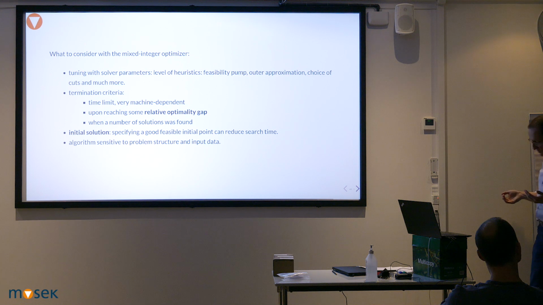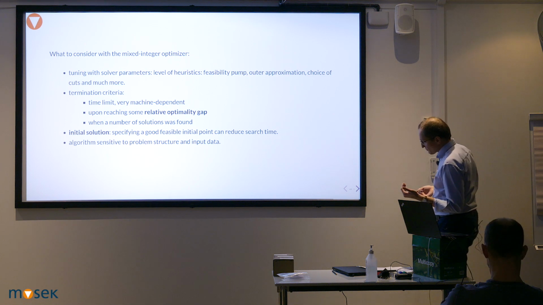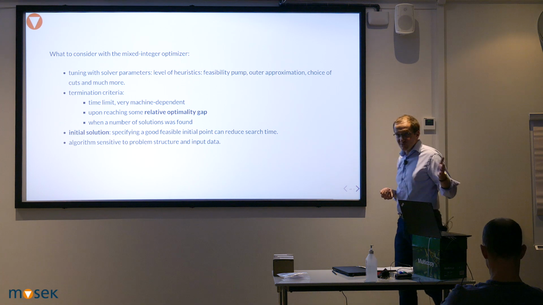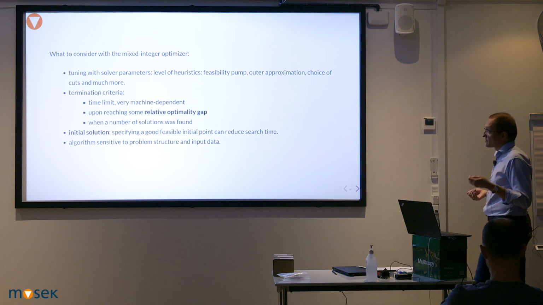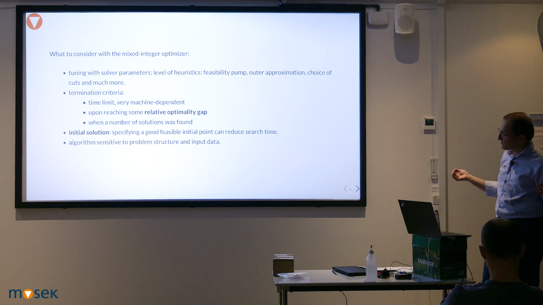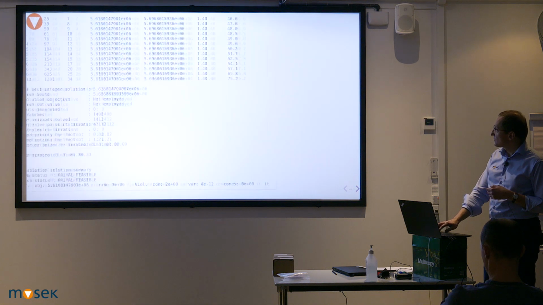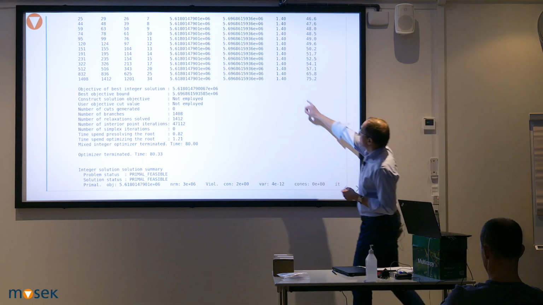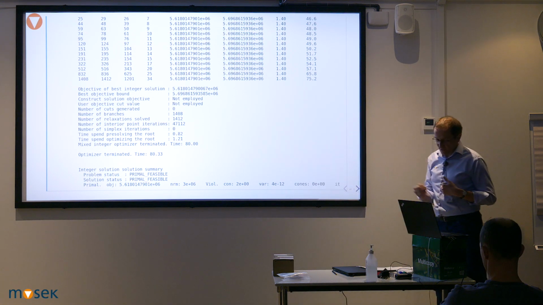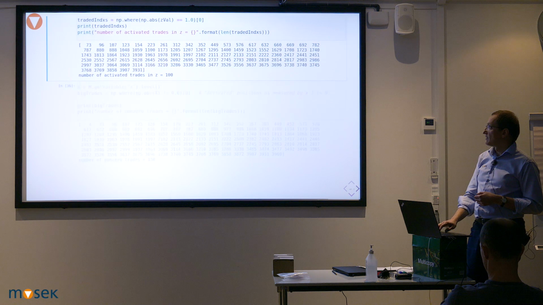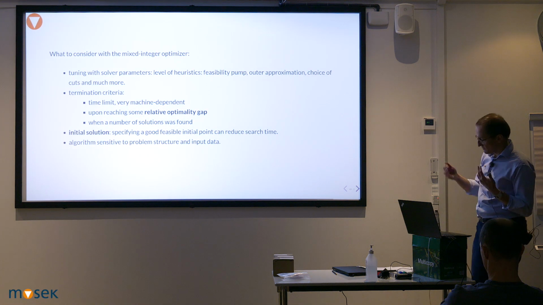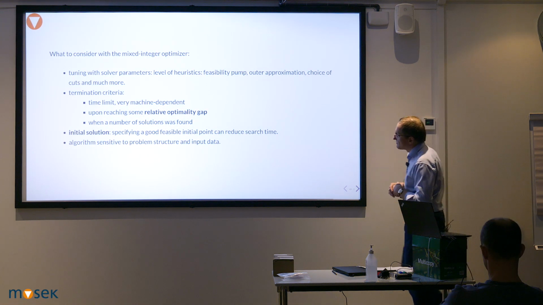As for the termination, I had this time limit, which was great because I tested it already 3 times and I knew it's going to work like I expect, but it would be more platform independent or machine independent to settle that you terminate when this relative gap between the best solution and the actual bound is bounded by some value.